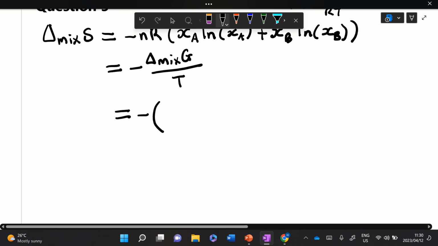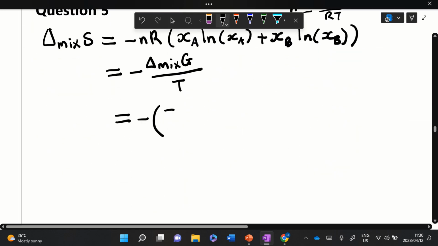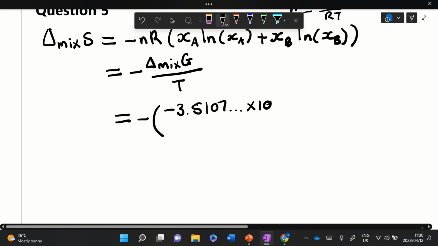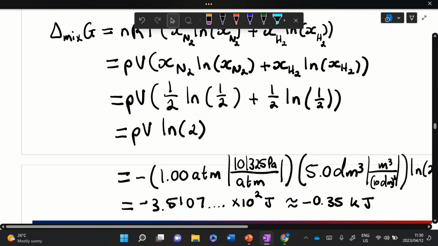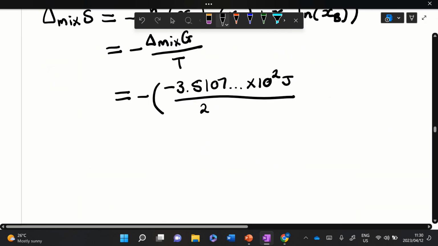So what do we have up here? Minus 3.5107 and a bunch of numbers times 10 to the power 2 joule divided by the temperature, which was given as 25 degrees Celsius, so that's 298.15 Kelvin, of course.